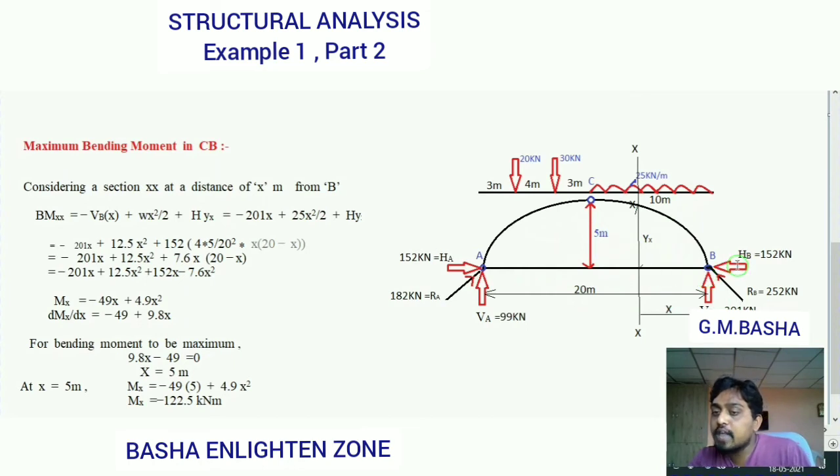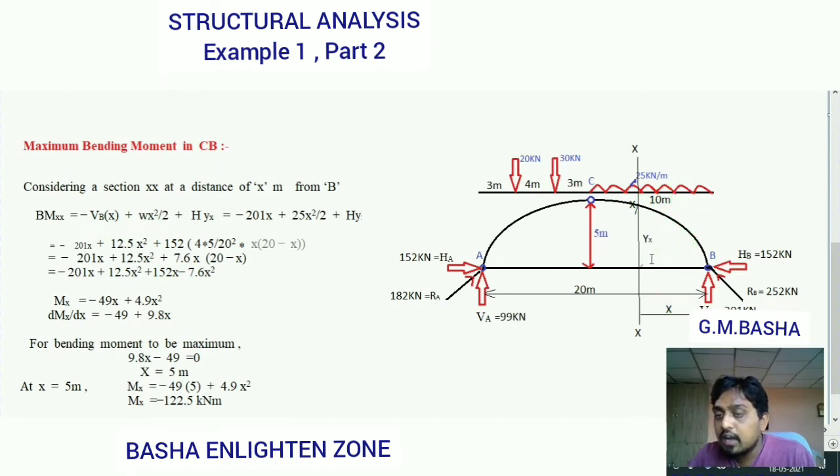And the next point is I have to consider the entire forces up to this point. See here, VB into this distance x up to that point x, which is acting anti-clockwise towards point x, VB into x. So I am taking VB into x, which is negative, anti-clockwise, plus again the forces here: 25 into this distance.